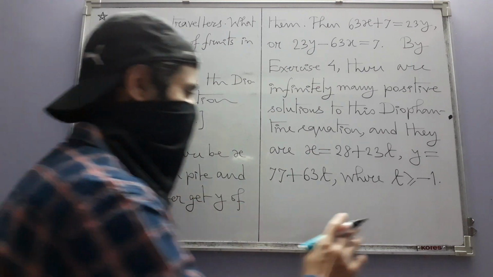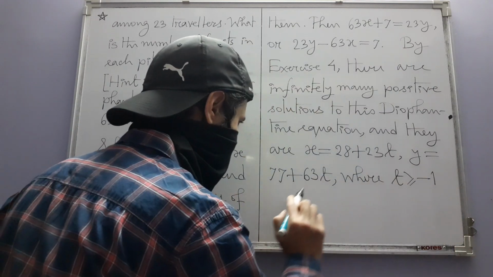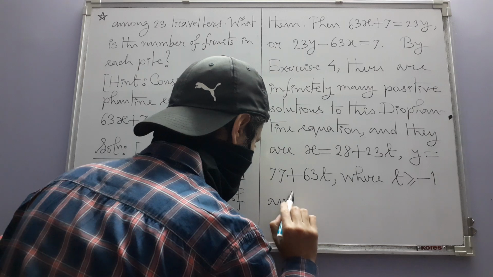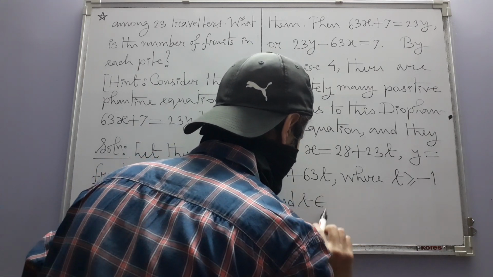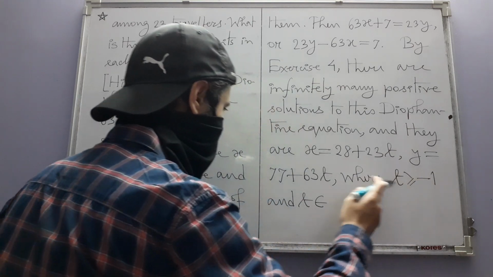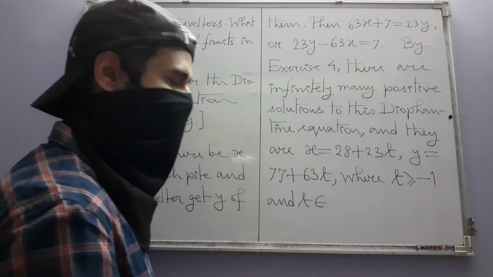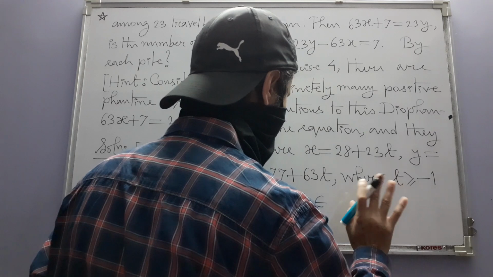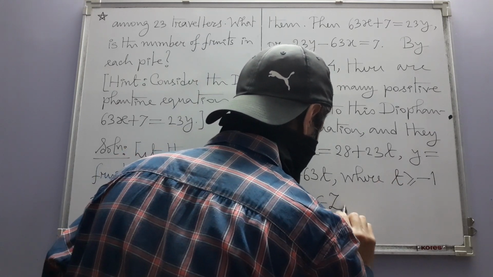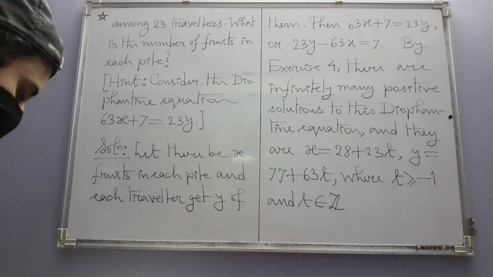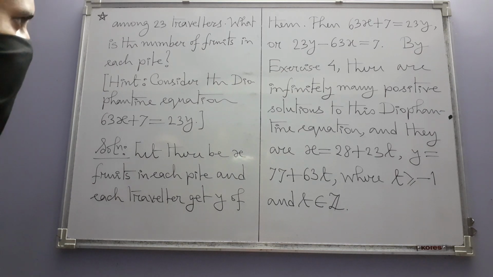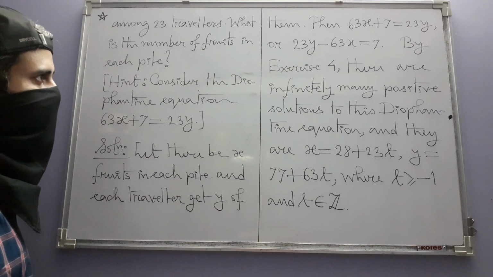I should also mention that t is an integer, that has to be mentioned, because otherwise this means t is any real number greater than or equal to -1. We are not going to consider fractions. So that is just it. These are all the solutions.